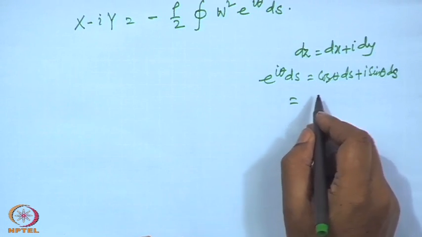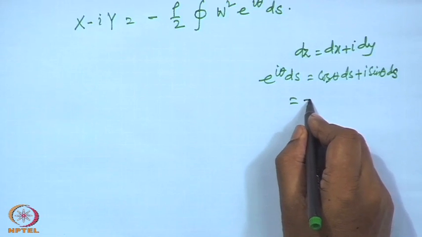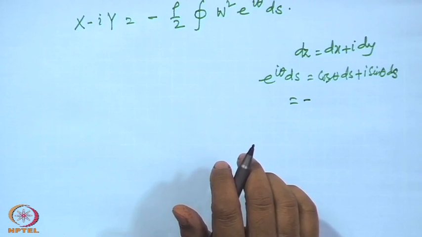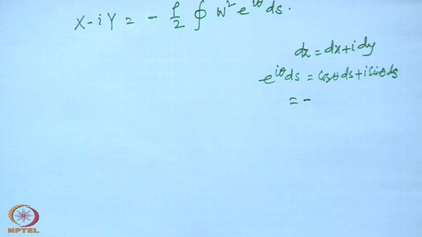So this is minus dx plus i dy, sorry, minus dx plus i dy. What is that? Minus dx minus i dy.